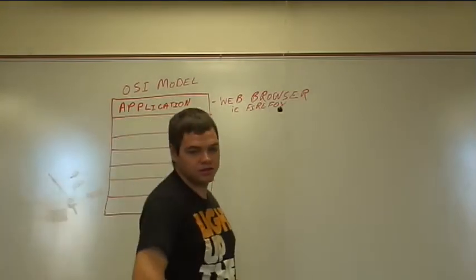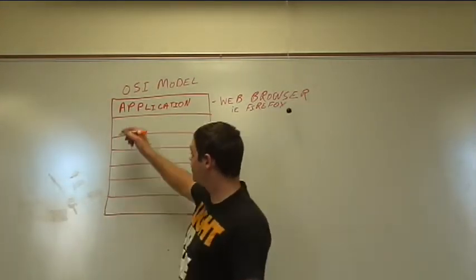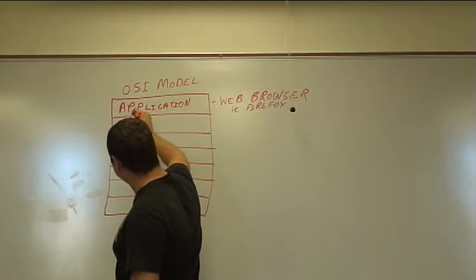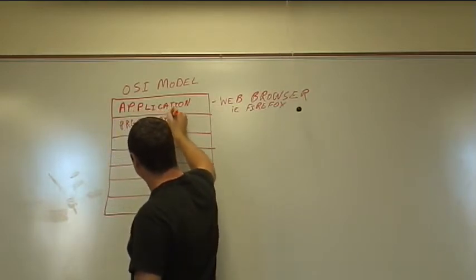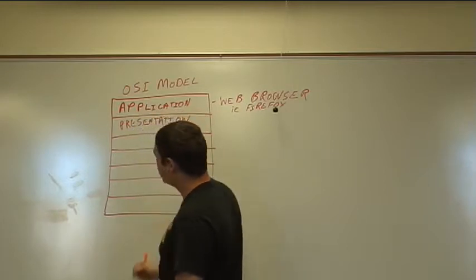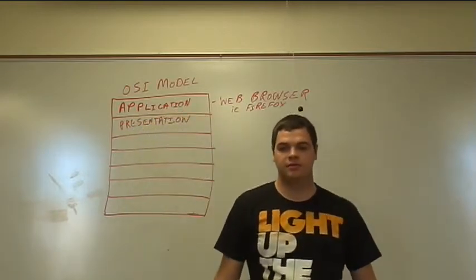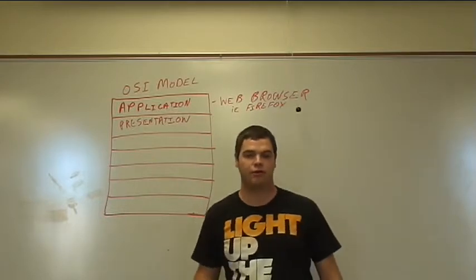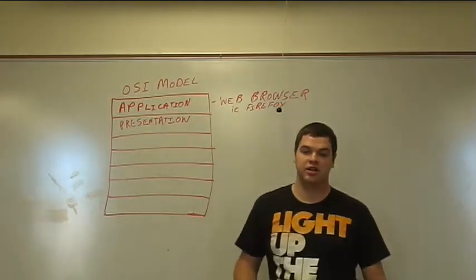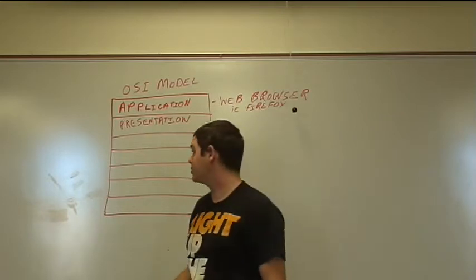Okay, the second layer of the OSI is the presentation layer. This layer translates the data that you input into the correct format so it can be shared with the rest of the layers of the OSI model.